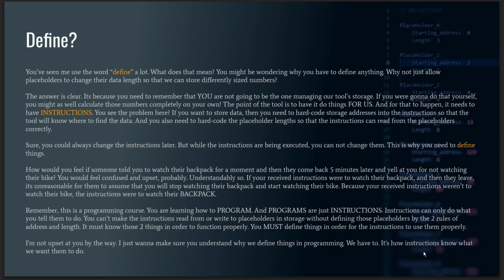You must define those things in order for the instructions to use them properly. Just imagine it, like, if you are the thing that's executing the instructions and you weren't given the length of a placeholder, then how would you know how many digits to read? You wouldn't. That's why you'd need the length. So you have to give the instructions the address and the length of the data.